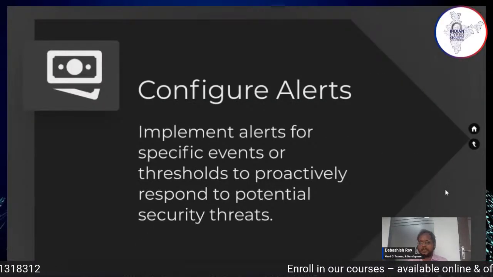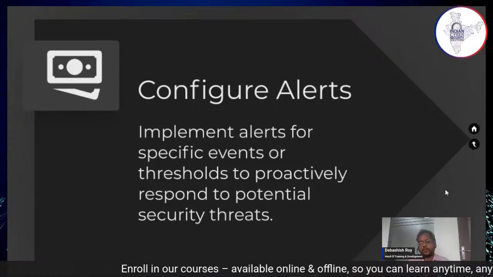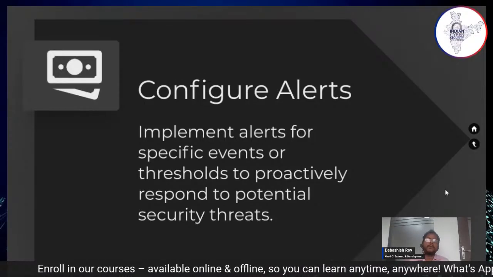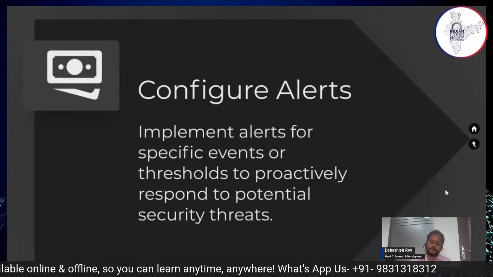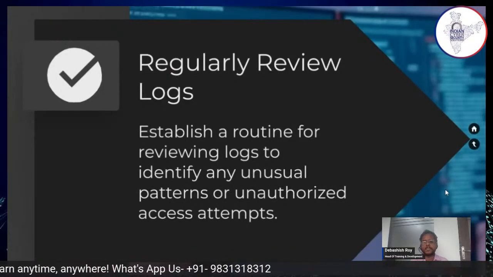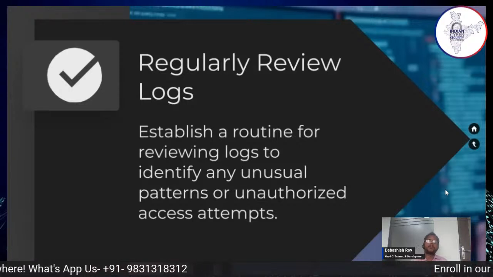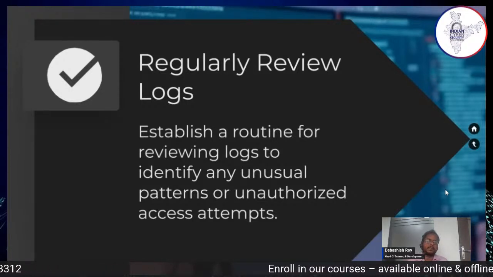Third is to configure alerts. Implement alerts for specific events or thresholds to proactively respond to potential security threats. So you have to configure the alerts, and some warning levels also. And regularly review logs. Establish a routine for reviewing logs to identify any unusual patterns or behaviors or unauthorized access.